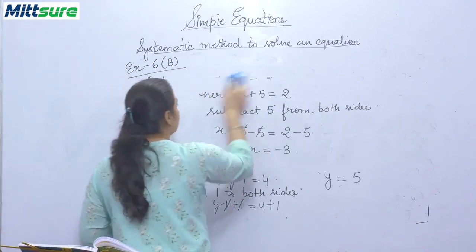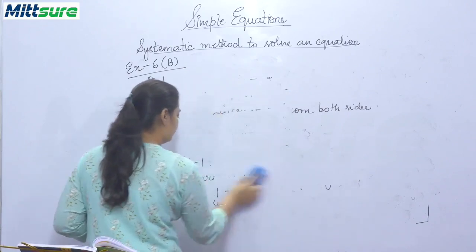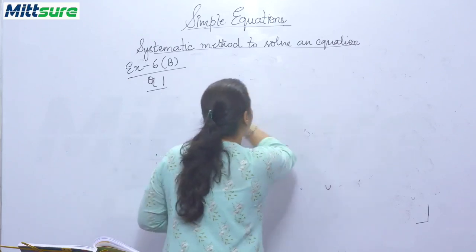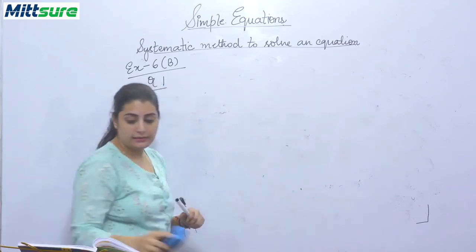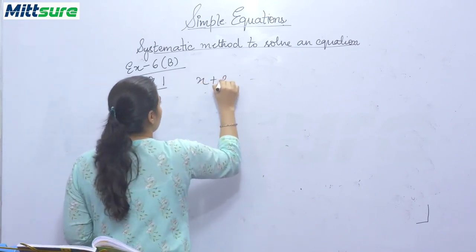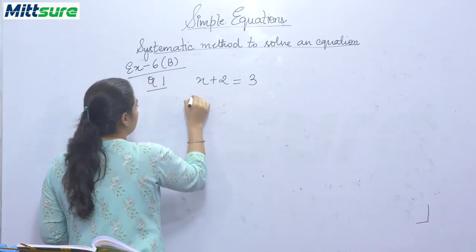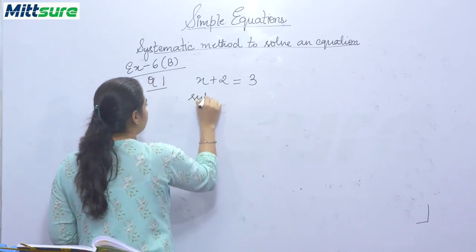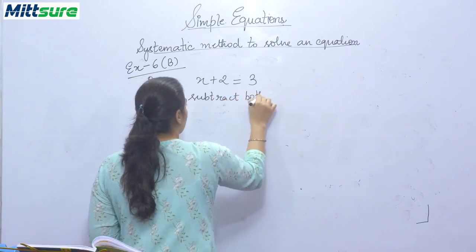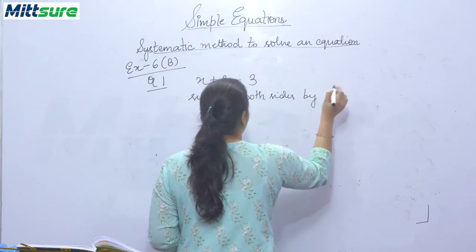Now let us take the next part. In the C part, it is x plus 2 equals to 3. So subtract 2 from both sides.